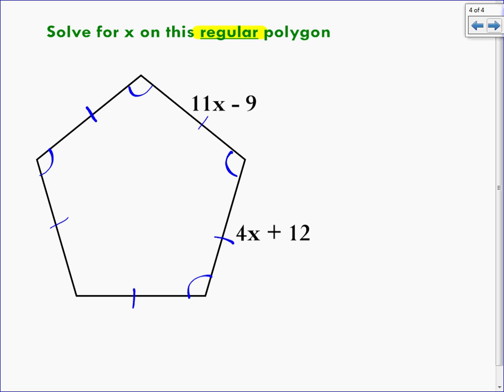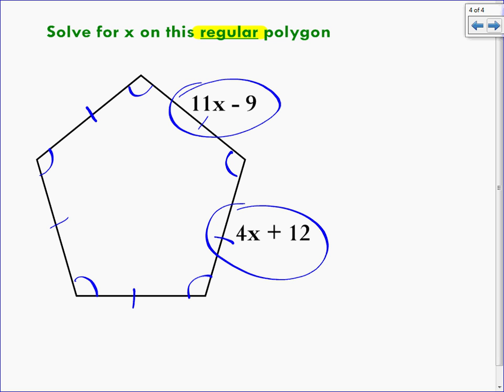So we know that all of those things are true. All 5 sides are equal, all 5 angles are equal. Well, that allows us to write some algebra equations, only one in this case. Okay, because we have 2 sides, a side here and a side here. Because they said it was regular, what can we do when we write the equation? Yes. Yeah, put an equal sign between them. So we've got 11x minus 9 equals 4x plus 12. So again, this is the geometry, the image, the picture of this pentagon.